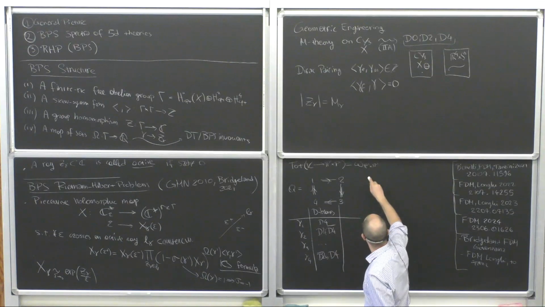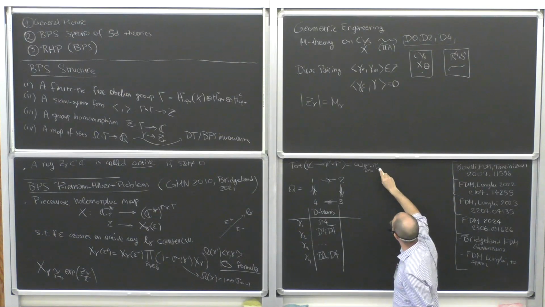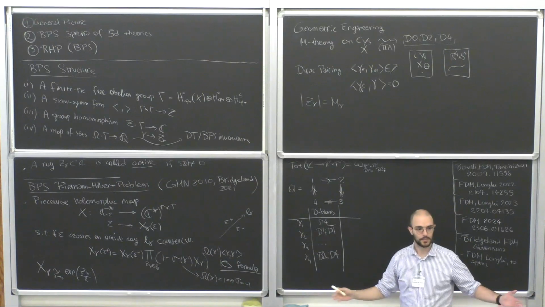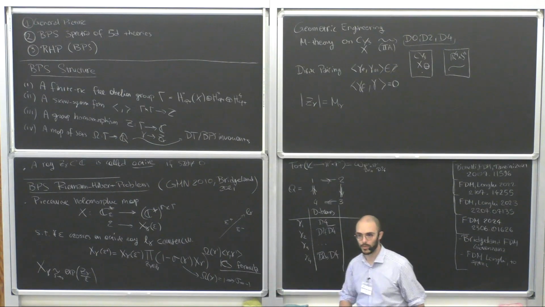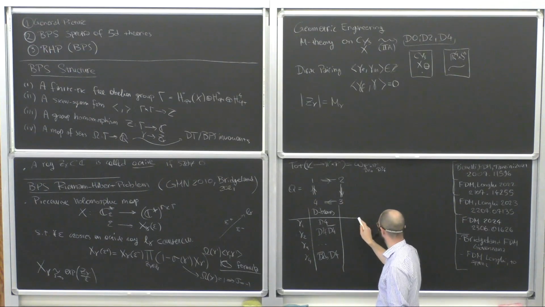Here D2B is the D2 brane wrapping one of these P1s, and D2F is the D2 brane wrapping the other one of the two P1s. It means base and fiber, but we're not really using this.